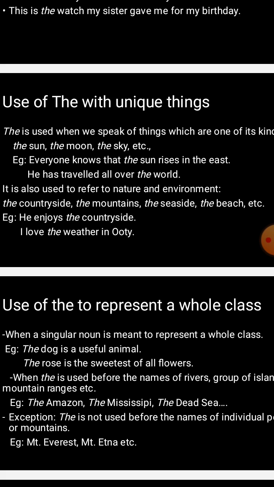He loves the weather in Ooty. The weather, one of its kind. The countryside, environment, weather. So when you're talking about nature, when you're talking about the environment, you can use the article the.